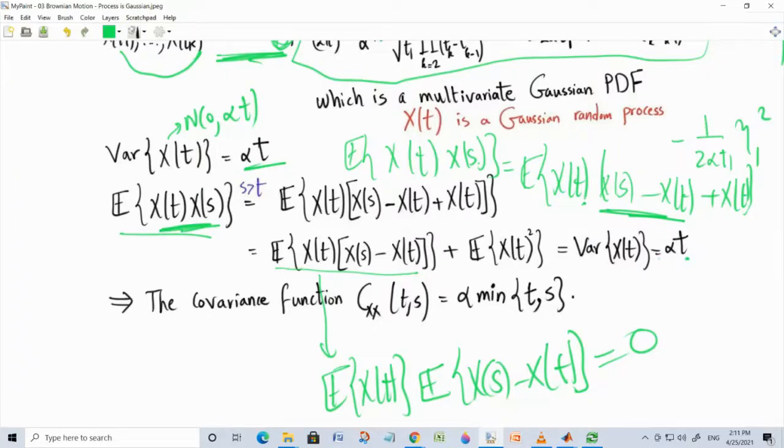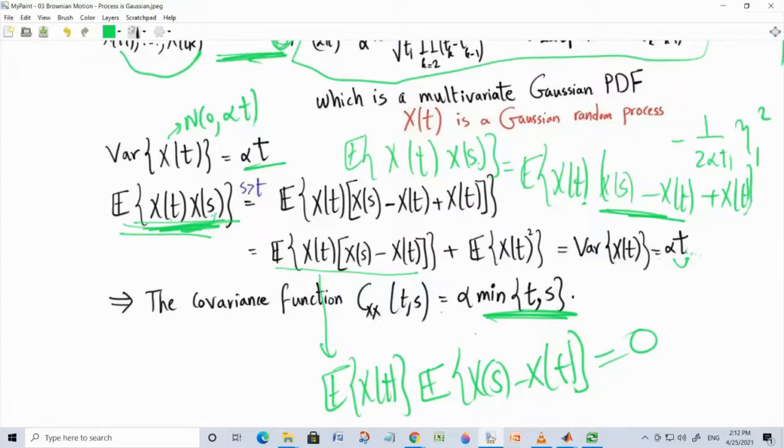You can repeat for s less than t, or you can just say that if s is greater than t, I get the smaller index here. So the general rule is that the covariance function of this Gaussian random process, C_xx(t,s), which is this expectation here, again zero mean so we do not have to subtract the mean, is equal to alpha multiplied by the minimum of t and s.